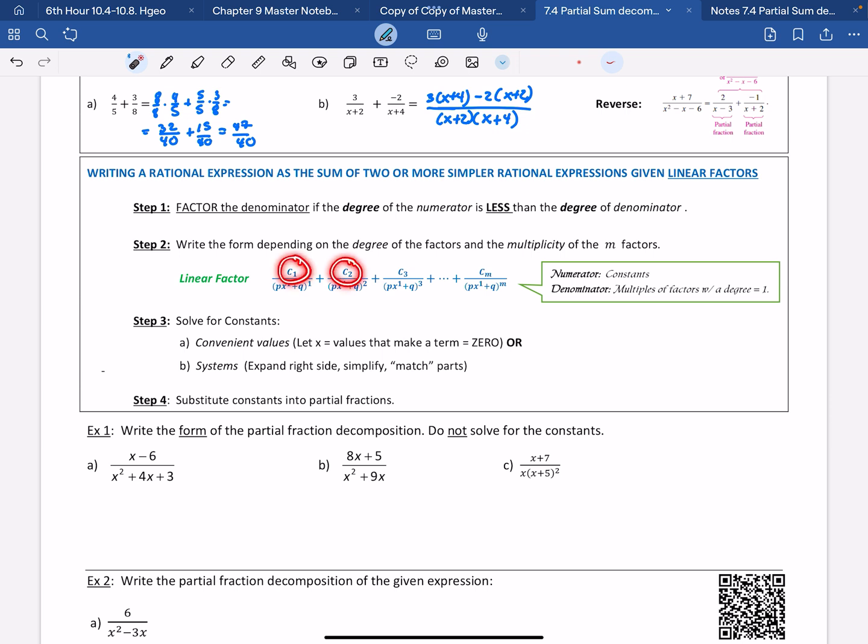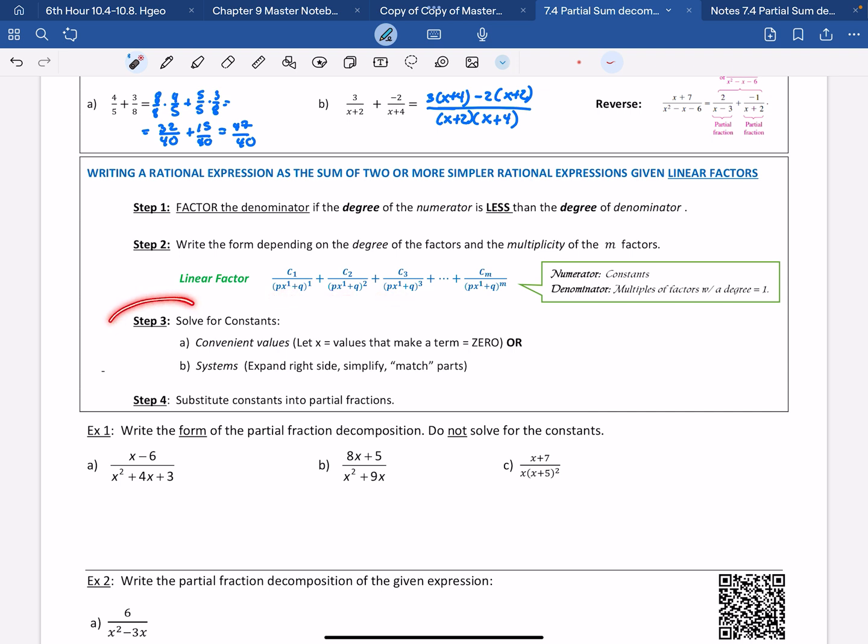We are trying to solve for the numerator, so we assign it some variable. As we progress through our notes, you'll see how that works. The main thing is that the numerator is going to be a constant, and the denominator is going to represent one of the factors that our denominator will factor into.